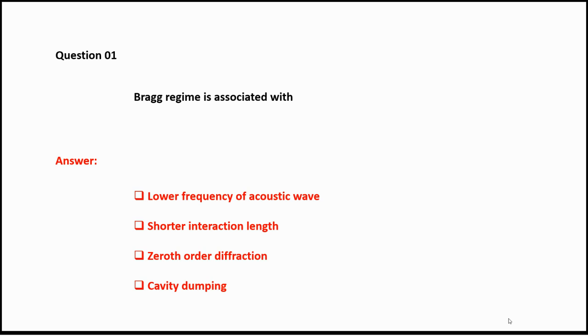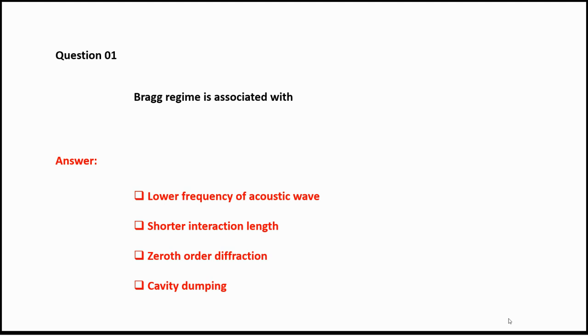Acoustic wave is something that is related with sound waves. Shorter interaction path basically relates to the interaction of the light beam or the sound wave with the medium.